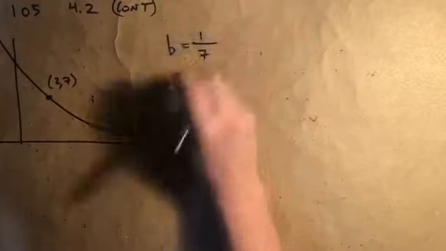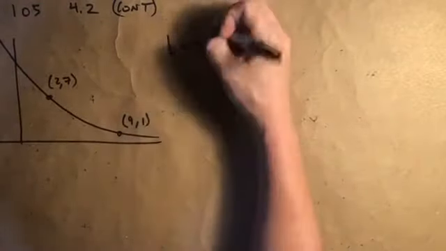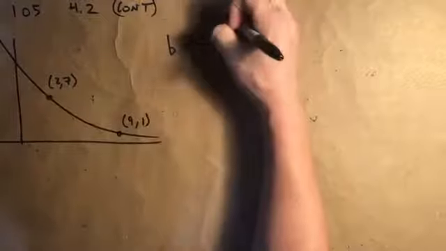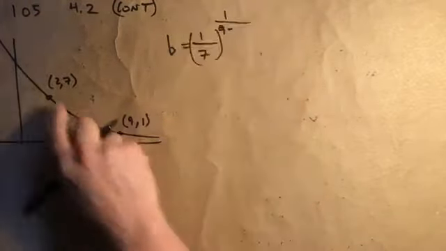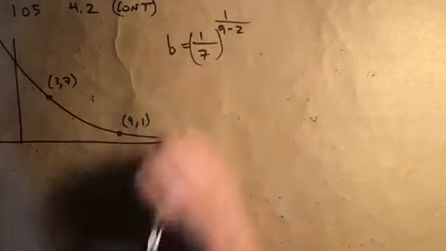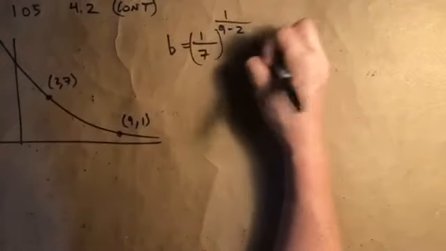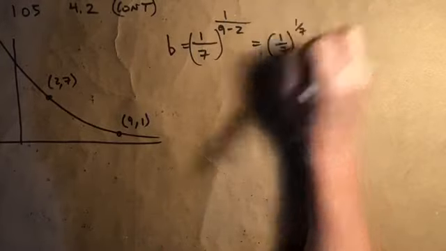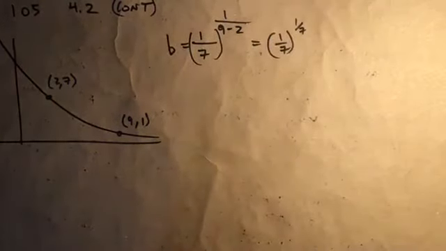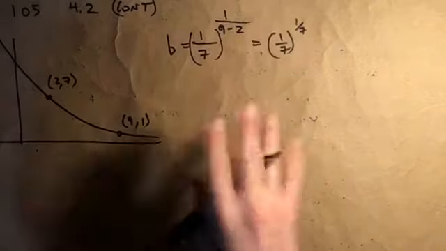1 over 7, that's y2 over y1, raised to the 1 over x2 minus x1, which is 9 minus 2. And so it turns out I have 1/7 raised to the 1/7 power. Okay, I didn't mean to do that, but so be it. Let's keep going.